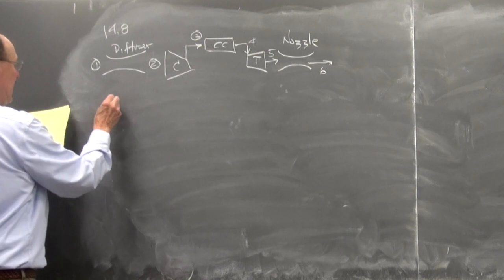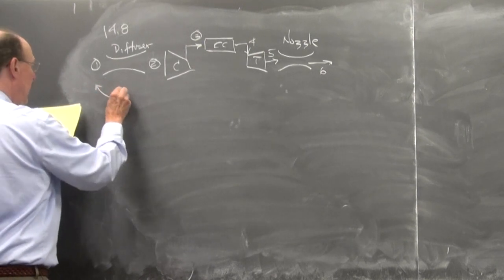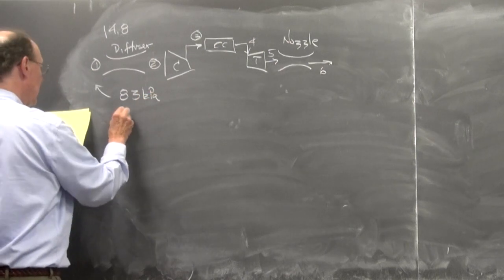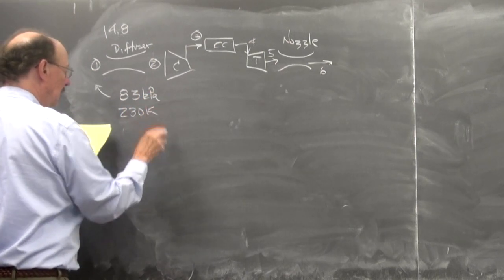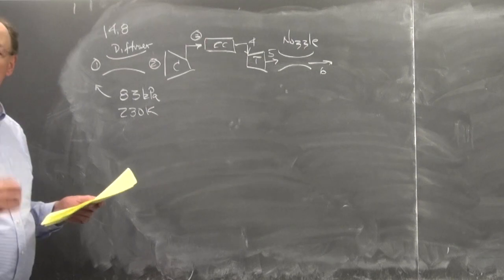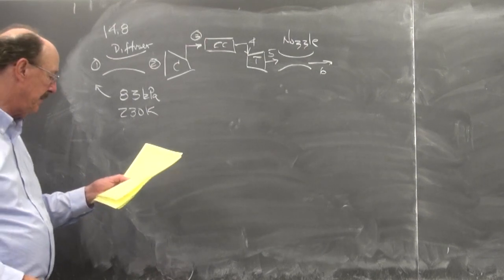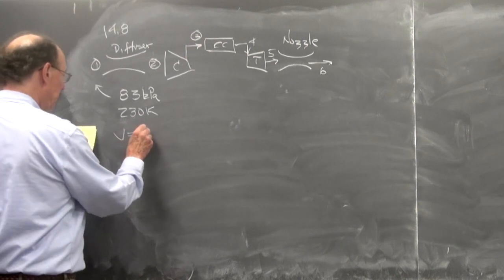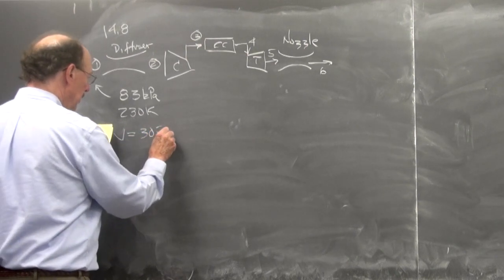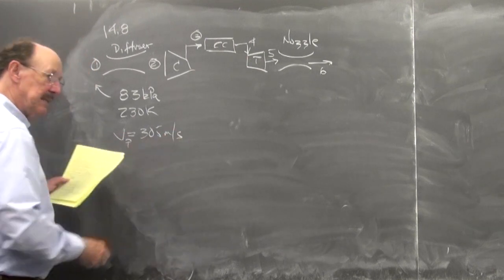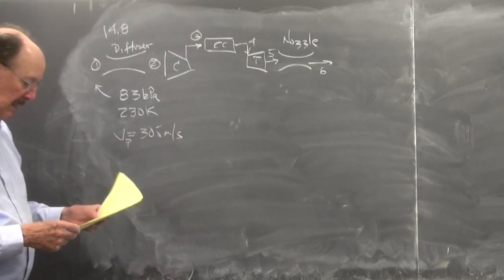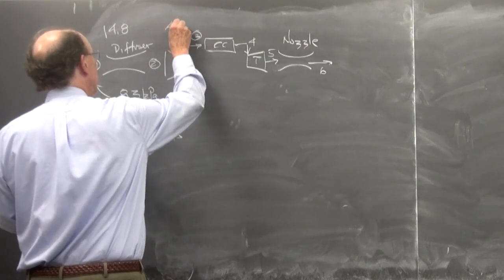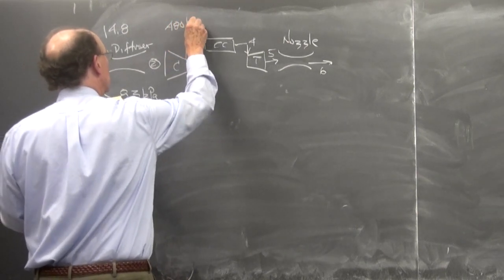Here at state 1, we have 83 kPa, 230 degrees K. I forgot at what altitude these pressures and temperatures are, but we have that. The velocity of the plane V is equal to 305 meters per second. So this is V sub p, the velocity of the plane. The pressure here is 480 kPa.